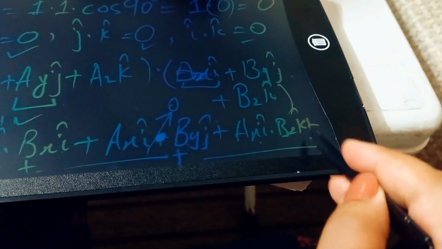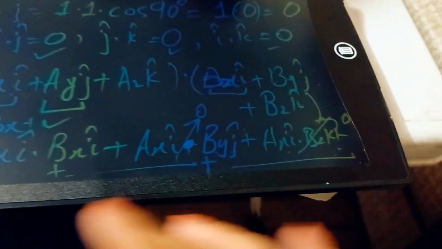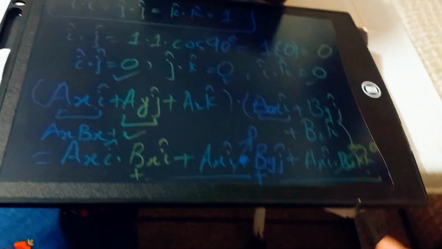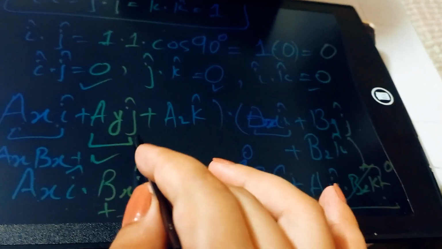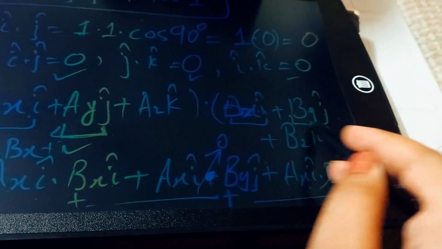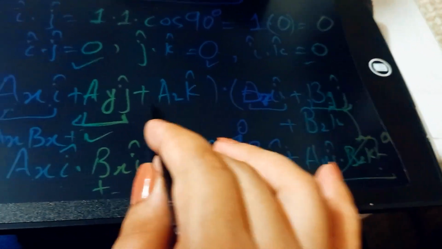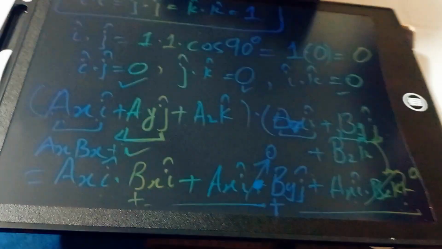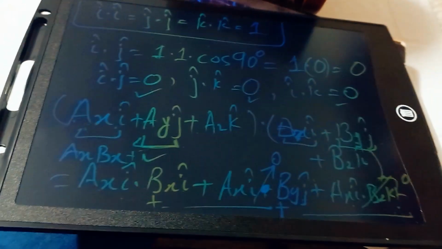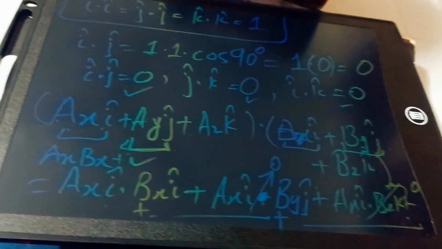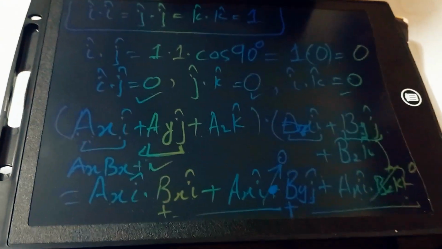Then i hat dot k hat will result in 0 again. That is how they all will result in 0. Just the ones with similar unit vectors will remain, and that is why ax bx remains, plus ay by remains, plus az bz remains. I hope you got what I'm saying. Okay, so that is how you calculate the scalar product. There are these two basic ways to calculate them, and I hope you got everything about scalar products and you are good to go now.